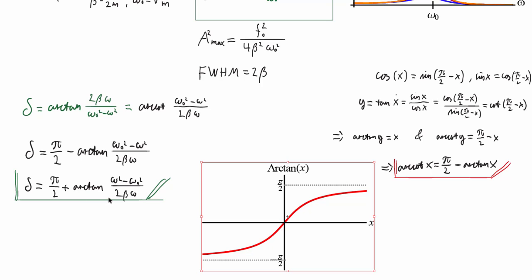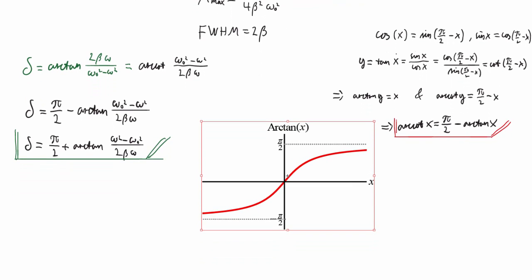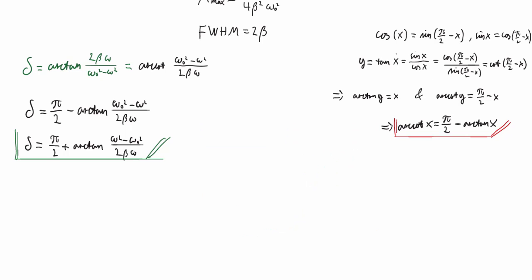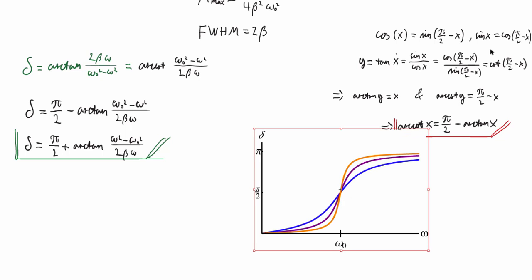That's essentially what we have here, except that we have to add pi over 2 to this, and also shift it so that instead of the midpoint being at the origin, it's located at omega naught. So we're at omega equals omega naught. So that means the plot looks like this.